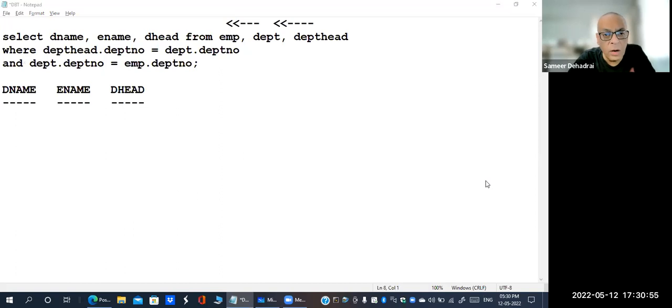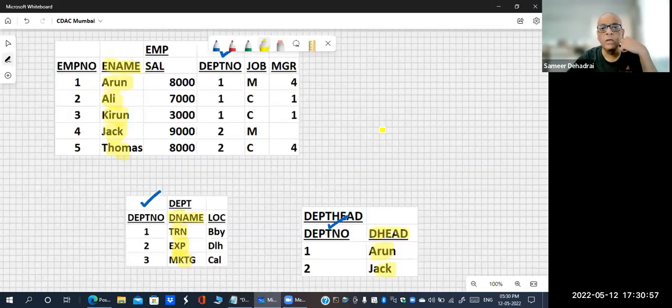So let's go through it. Let's see what happens here, students. Pay attention. First, it will join department head with department. Department head is driving table, department is driven table. It will fetch the first row from department head. Department number 1 is there. Go to department table. It will search for 1 where condition is satisfied, and then it will join department with EMP.